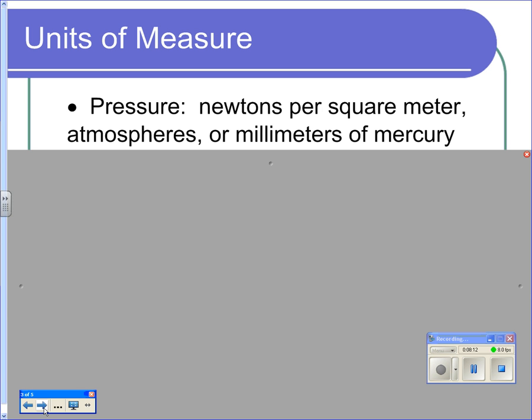All right, so pressure is measured in Newtons per square meter, atmospheres, or millimeters. Atmospheres is usually going to be shortened to ATM. They're not going to usually write out the whole word.